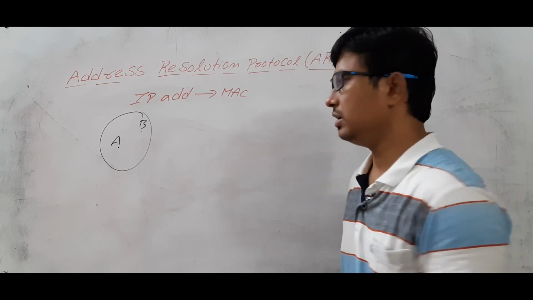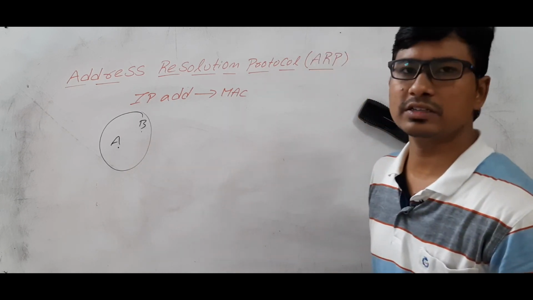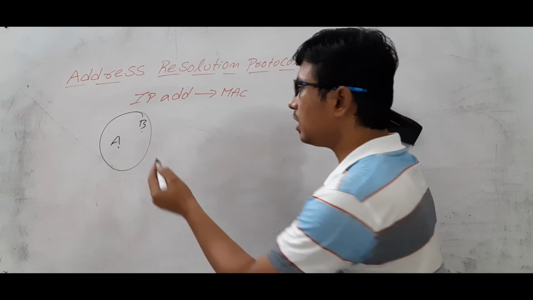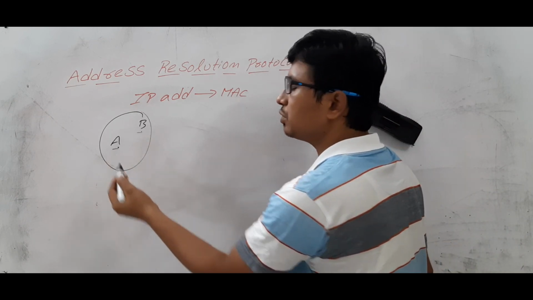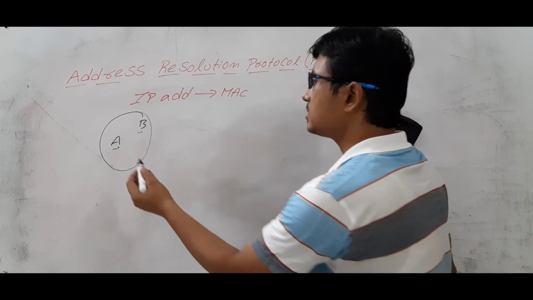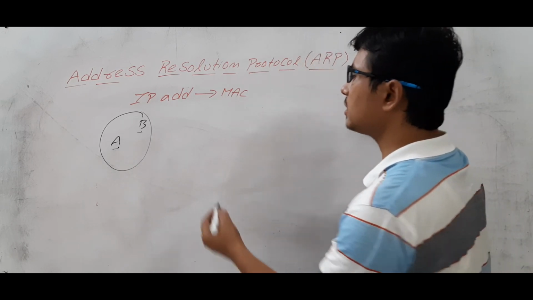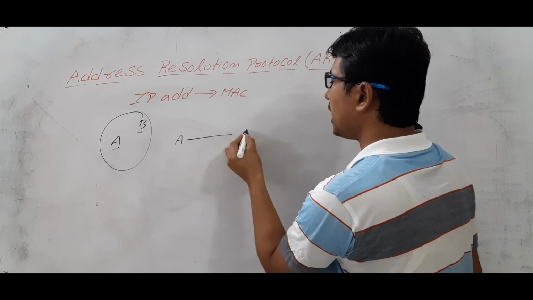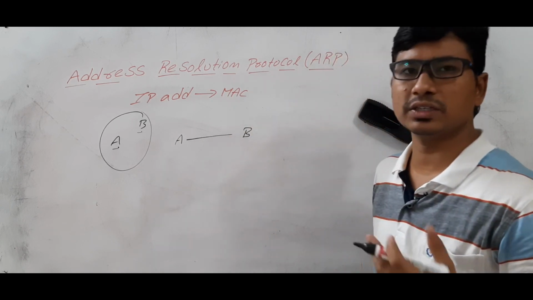Am I right or wrong? It is not compulsory that they know each other's MAC address. I should know the MAC address of B and B should know A's MAC address by each other? That is not possible. Is it clear?